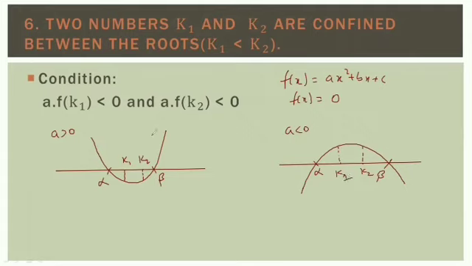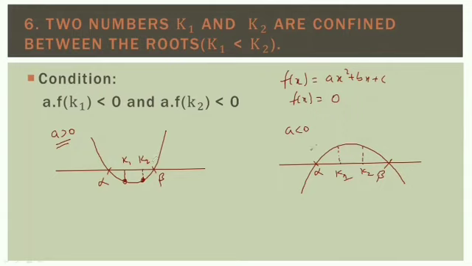So we have to find the condition when this occurs. Let's see k1. At k1, the function f of k1 is negative where a was positive. So they are of opposite signs. For k2, f of k2 is negative and a is positive. Again, they are of opposite signs.